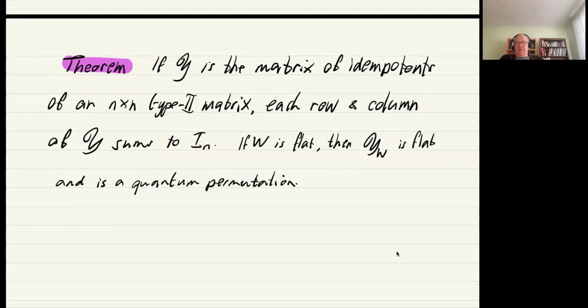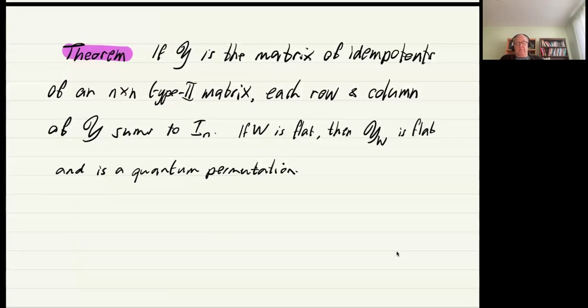There's work on so-called symmetric informationally complete POVMs and mutually unbiased bases where you get flat type 2 matrices appearing, but we're not going into that. Still, as I said, the important thing is that if you give me a flat unitary, I construct a quantum permutation from it.